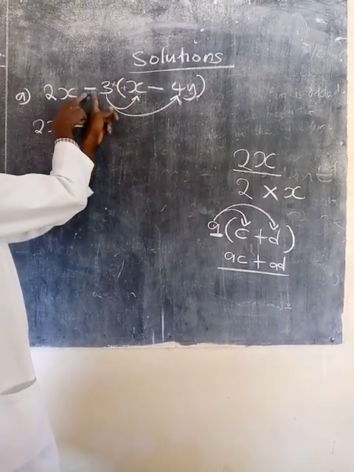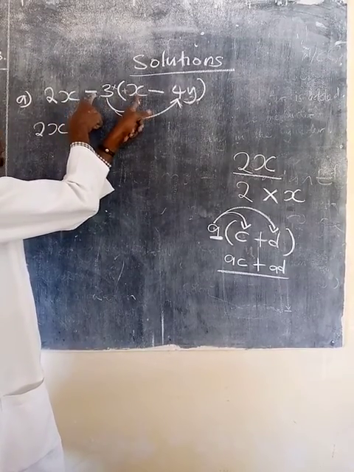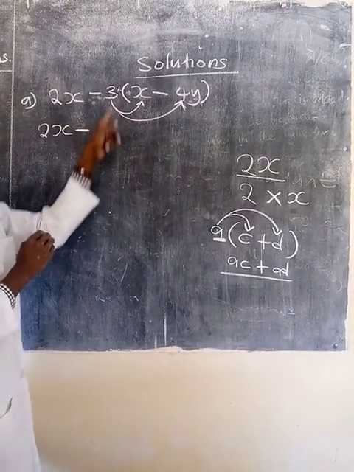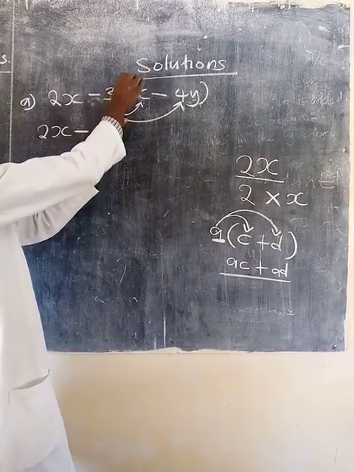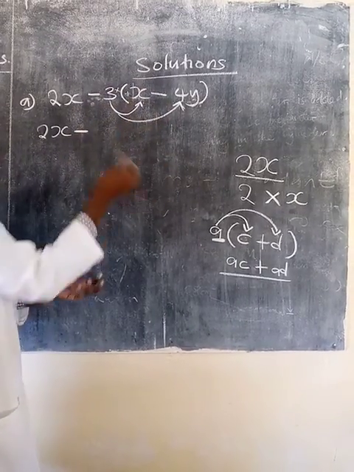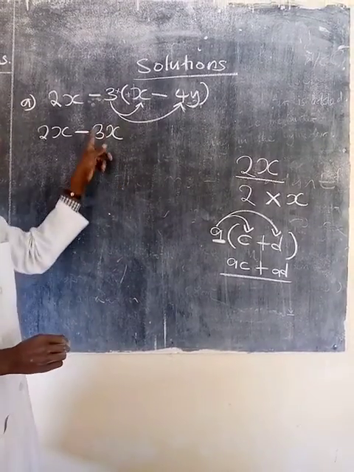So negative times positive will give us a negative. Then we come to the number. There is a 1 there, so 3 times 1 will give us 3. Then you put the variable there.